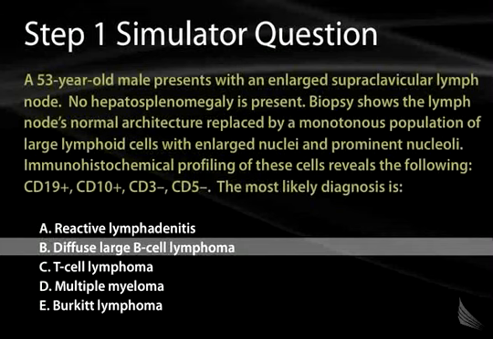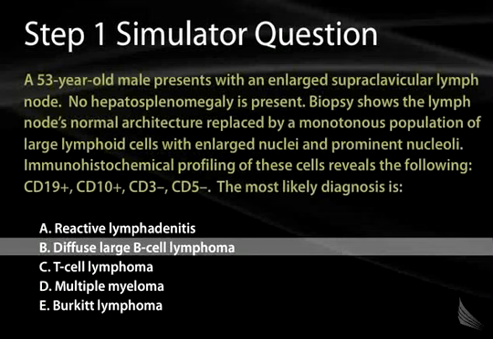Is it diffuse large B-cell lymphoma? Well, it has the normal architecture replaced by large lymphoid cells. So it is diffuse, the cells are large, and they are staining in an immunohistochemical pattern consistent with B cells. So it could be reasonably argued that this is diffuse large B-cell lymphoma. Is it a T-cell lymphoma?